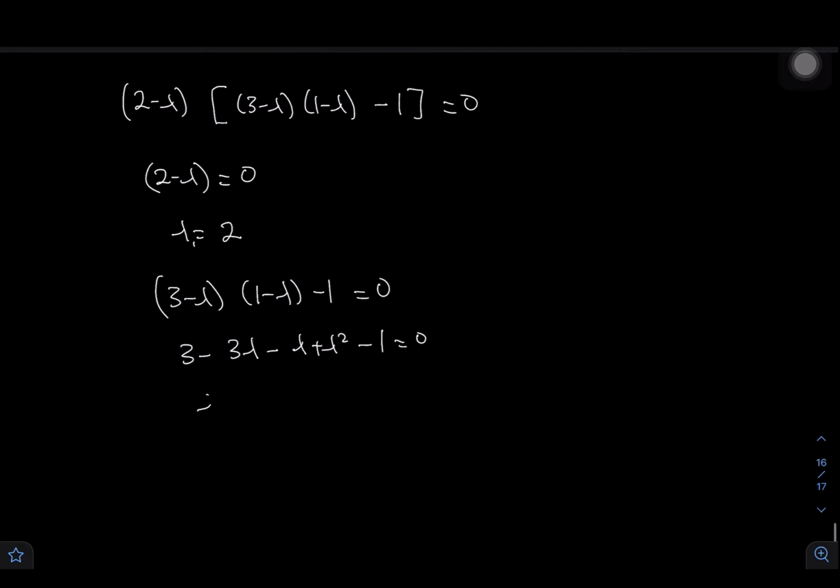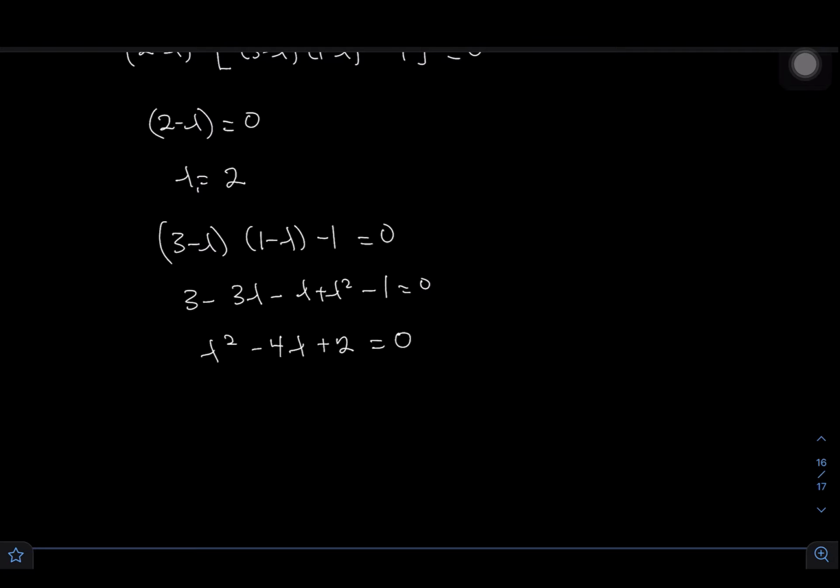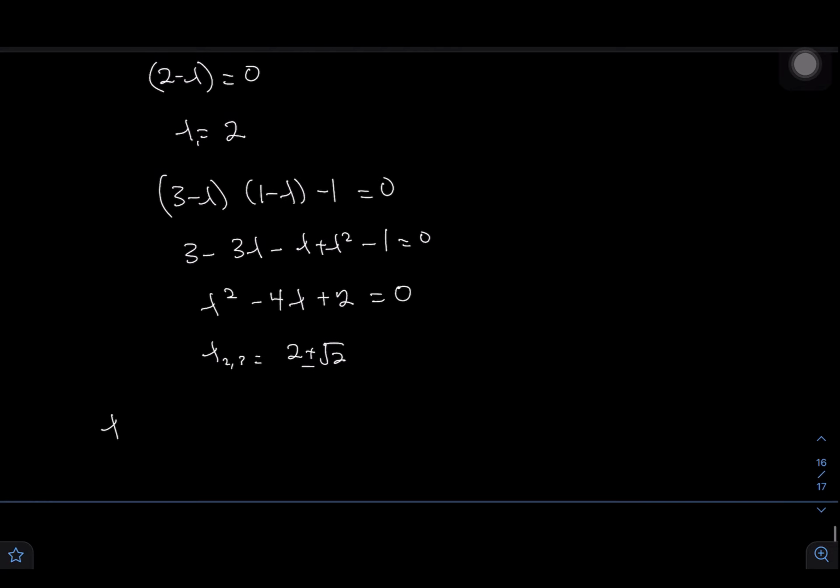So you're going to have lambda squared minus 4 lambda plus 2 equals 0. Wait, am I right? Yeah, I guess I'm right. So this is going to give us lambda 2 and 3 equal to 2 plus or minus square root of 2, and you can see that all lambdas, lambda 1, lambda 2, lambda 3, are all greater than 0.